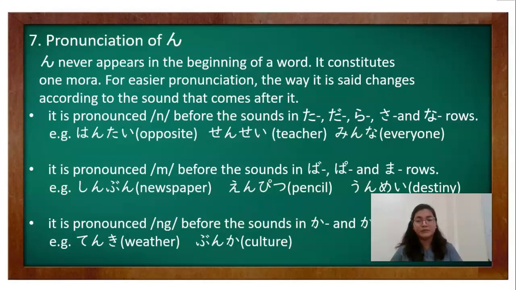For example, it is pronounced n before the sounds in the ta, da, ra, sa, and na rows.